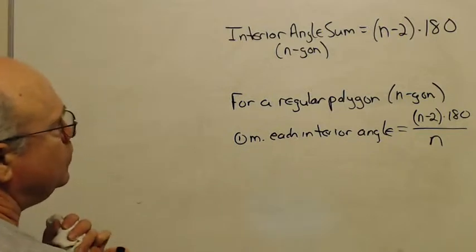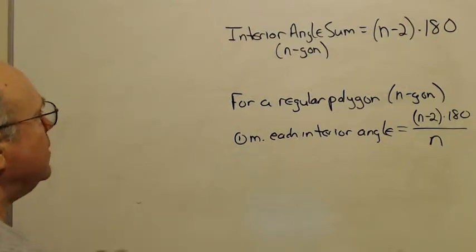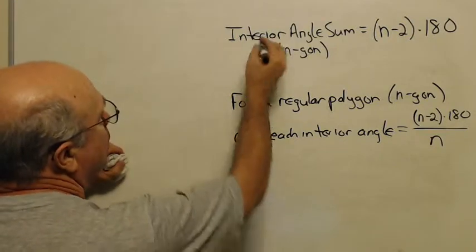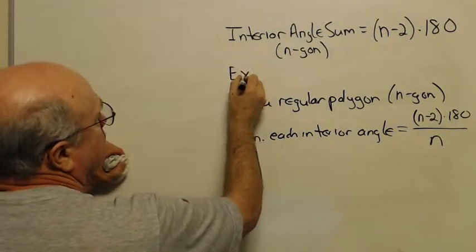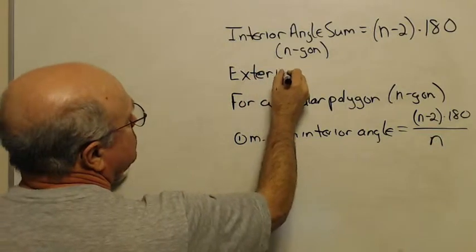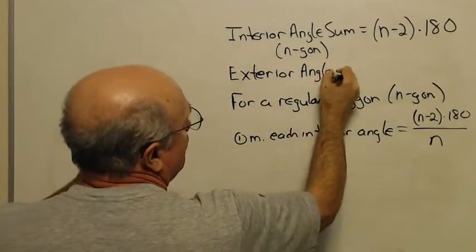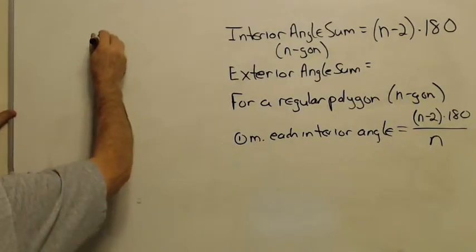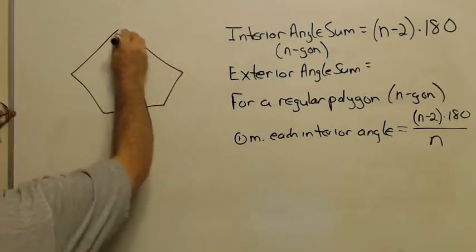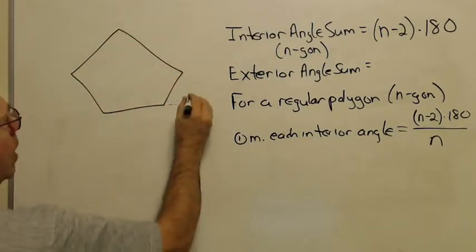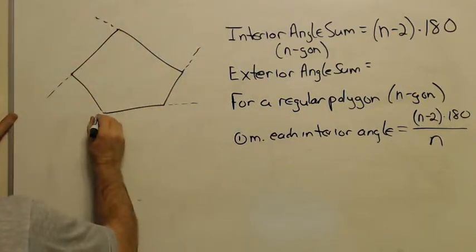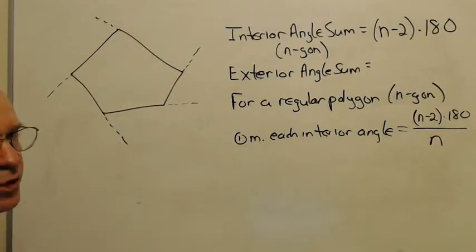Okay. Well, I think I'm going to put in another video how we prove our next fact, but I'm just going to give the fact to you, and it's our easiest fact of the chapter. We've got something called an exterior angle sum, which means if I would have, say, any polygon, I've got a pentagon there, if I would add one exterior angle at each vertex, then I would have as many exterior angles as I have interior angles.